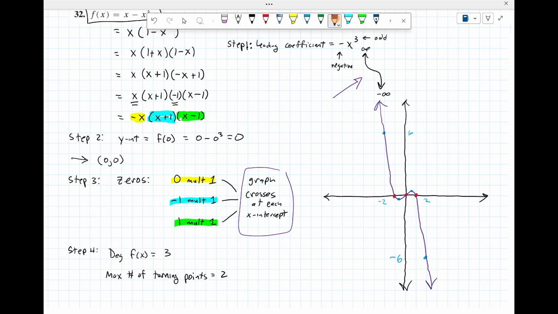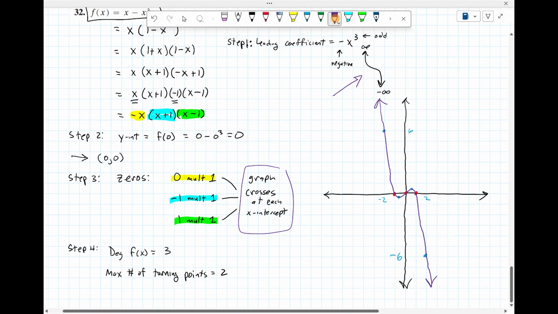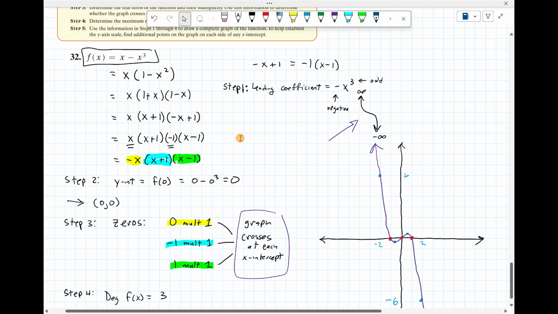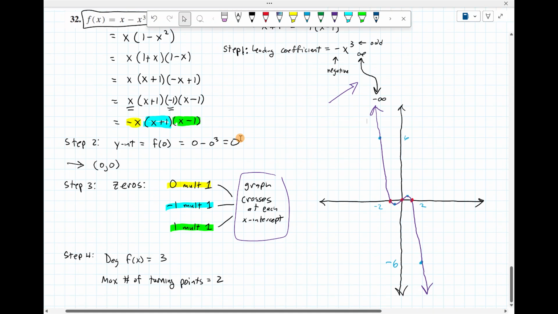Now it's not perfect, but it's definitely a little bit better. And that is how I can get the graph of this polynomial. And really the key is to sketch the graph. Try to learn how to sketch a graph on your own. And then you can use Desmos to check your work and to make your graph better.